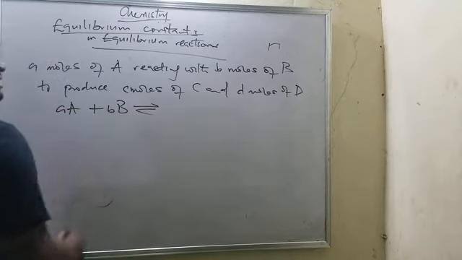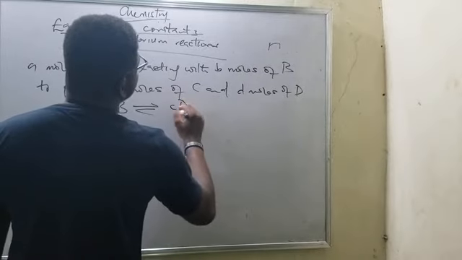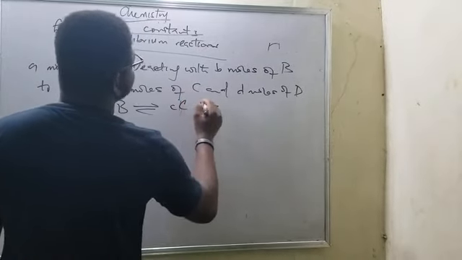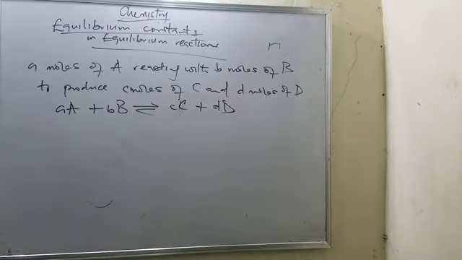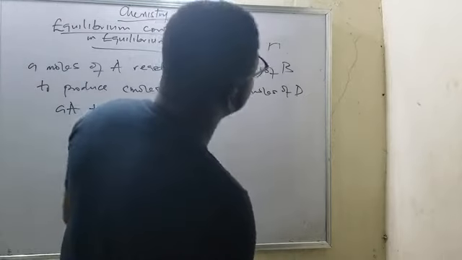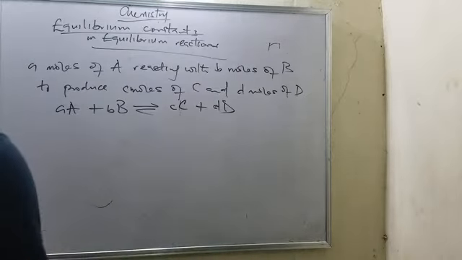Don't forget the reversible sign. We are talking about equilibrium. Where a, b, c, and d, in lower case, are the number of moles.